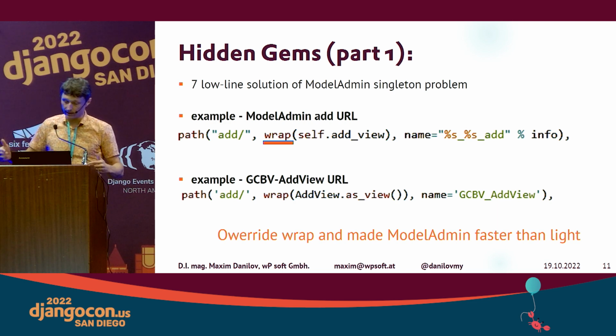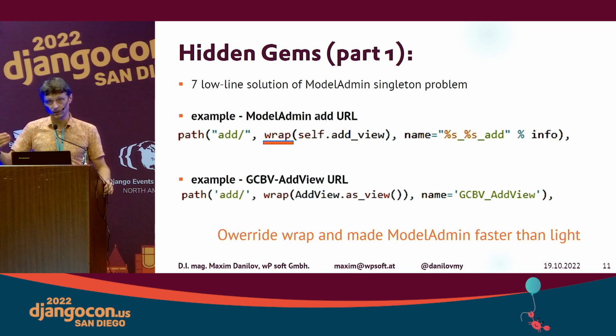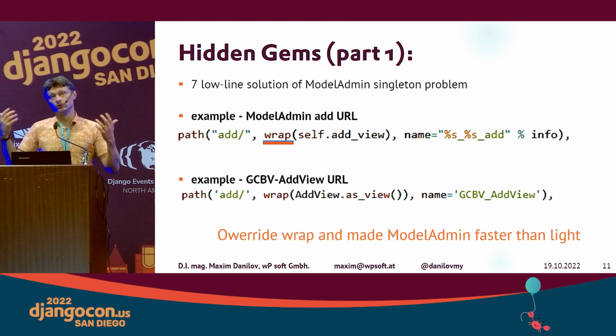In comparison, with generic class-based views, a new instance is created for every request, and we can use this instance like a container for our data. But it doesn't completely work in model admin.